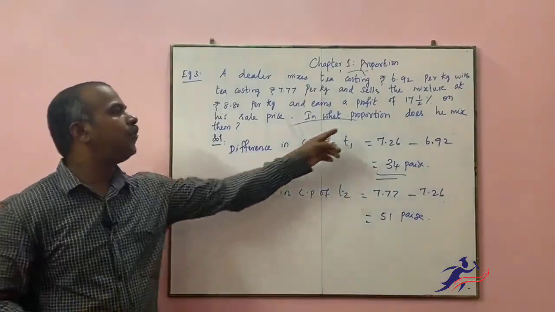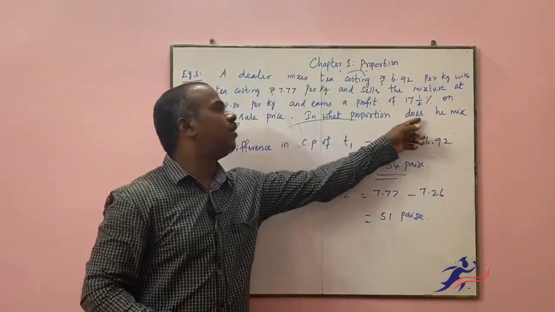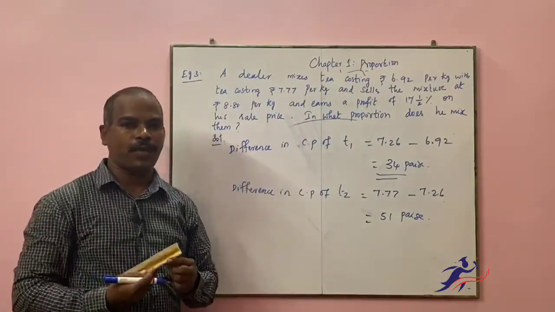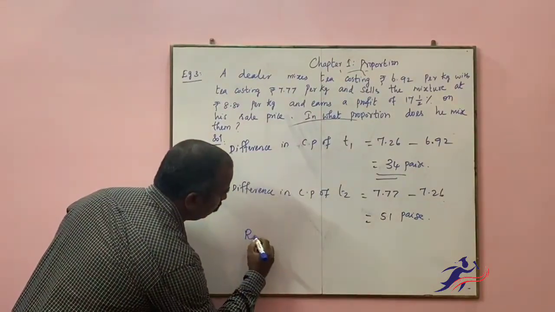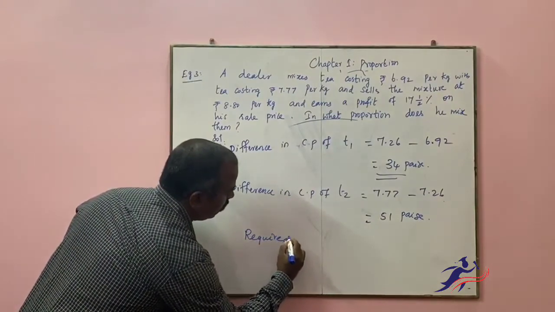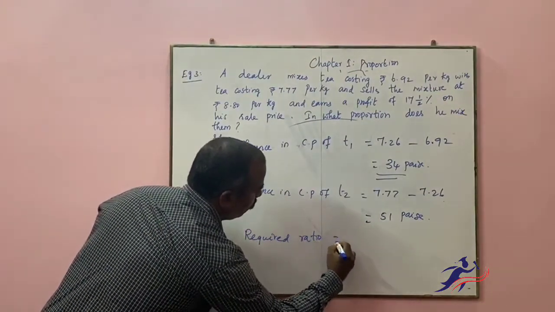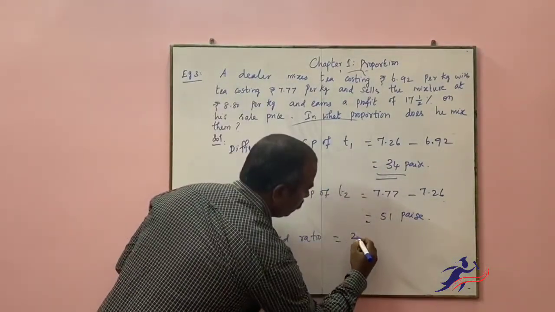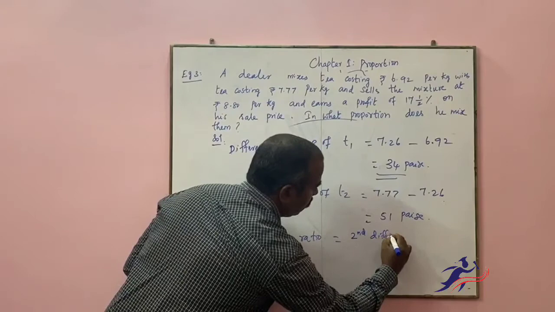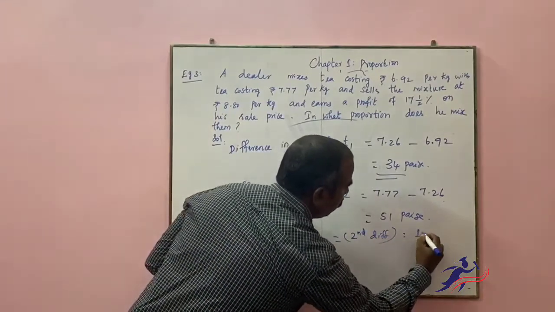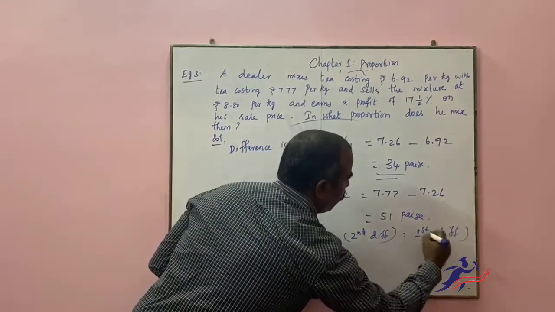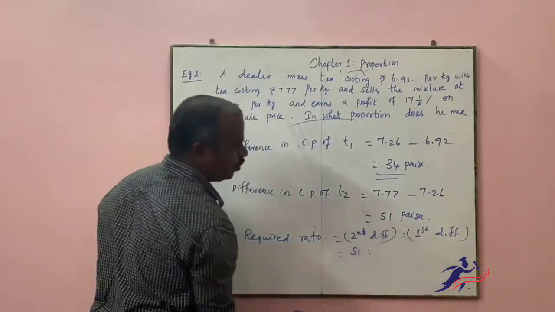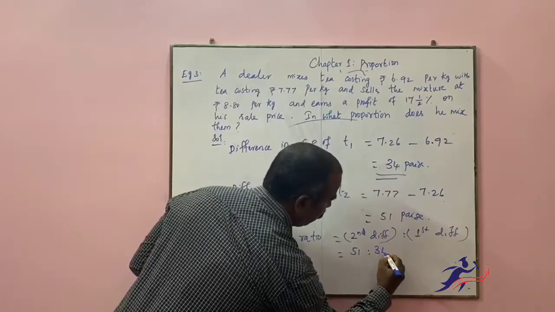Now we are asked to find the proportion in which he mixes them, that is, the required ratio. The required ratio is the second difference to the first difference, that is, 51 is to 34.